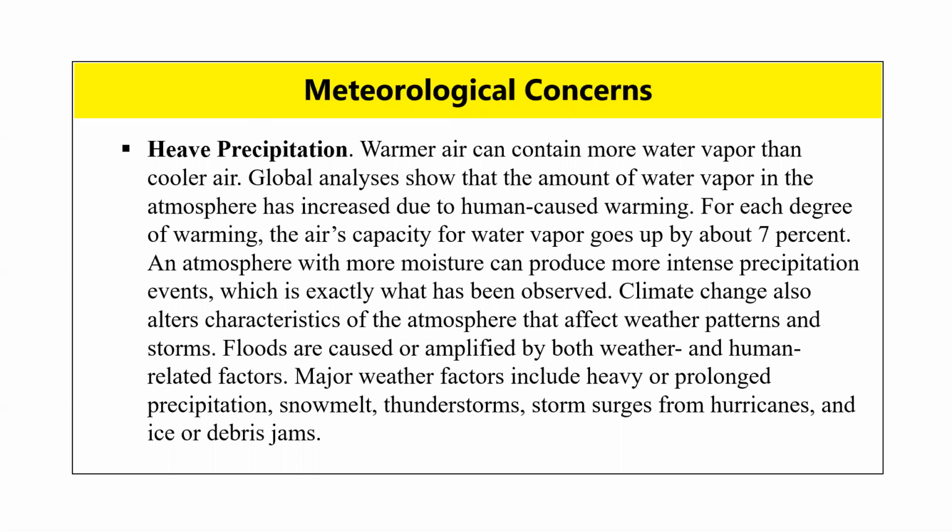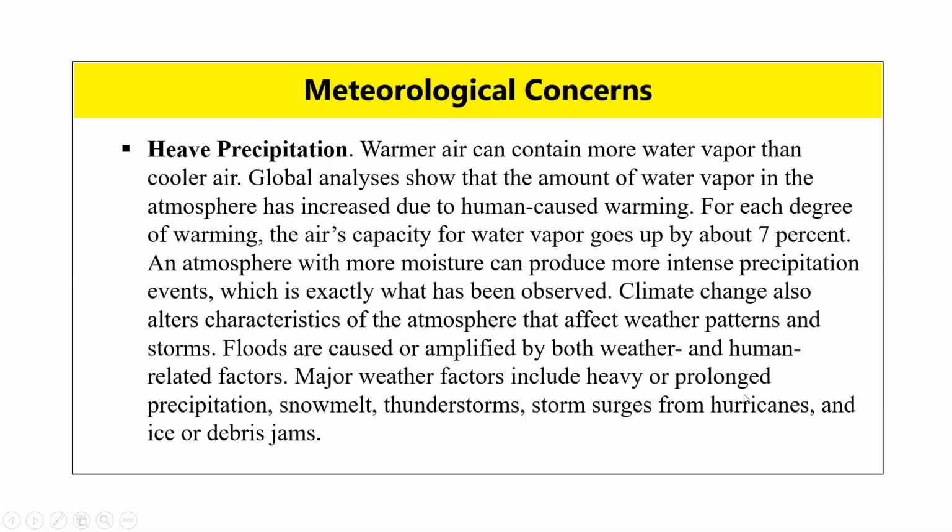As I said, warmer oceans create stronger typhoons. Likewise, climate change could lead to heavy precipitation. It's because warmer air can contain more water vapor than colder air. A global analysis showed that the amount of water vapor in the atmosphere has increased due to human-caused warming.